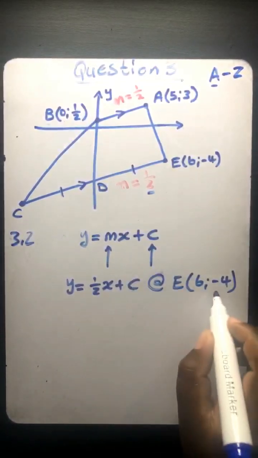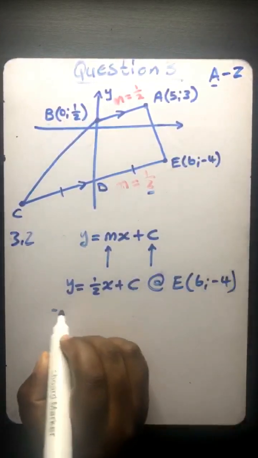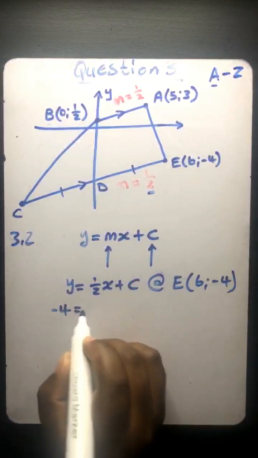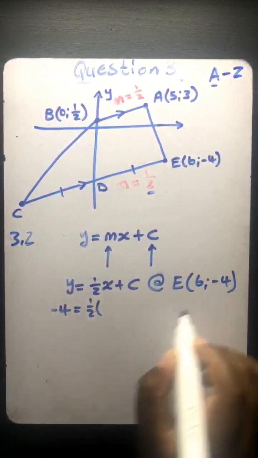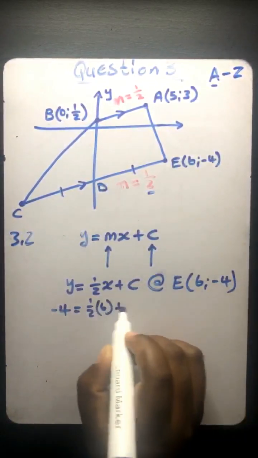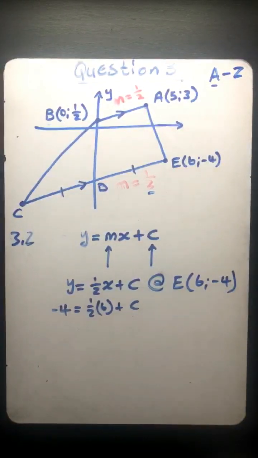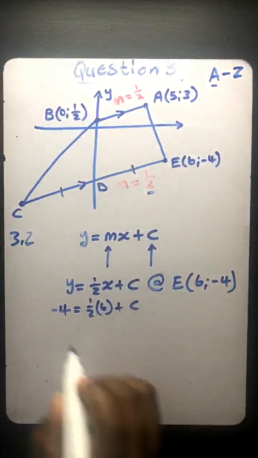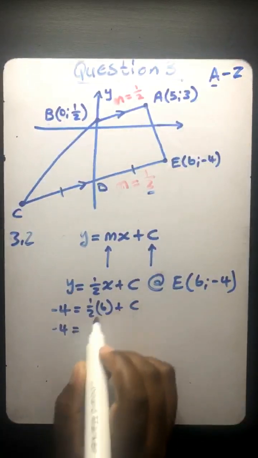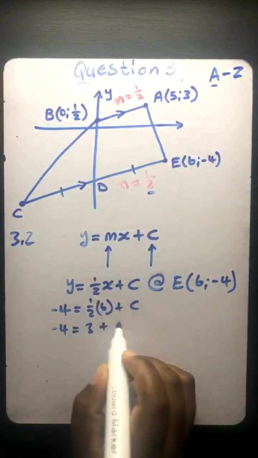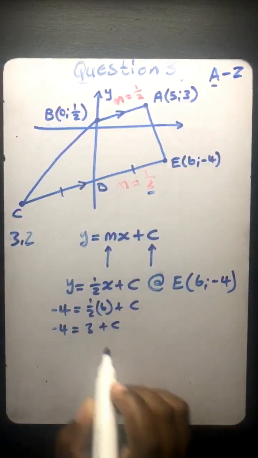Let's see. Where we see y, we're going to substitute that, meaning -4 equals a half into x, obviously 6, plus c. What exactly are we trying to do? We are trying to calculate the c value. So it's more like you're having -4, which is, what is half of 6? Is it not 3 plus c? Okay, so let's see.